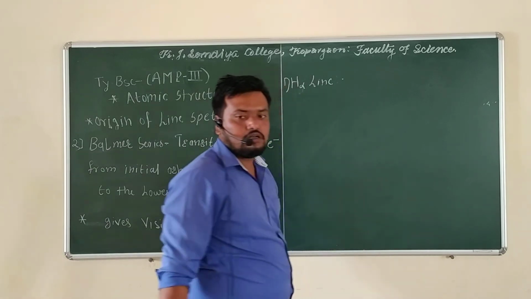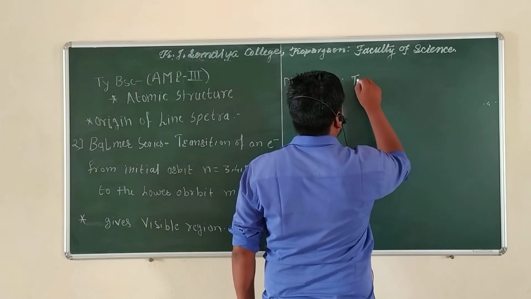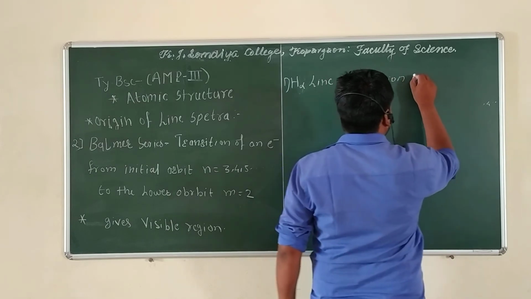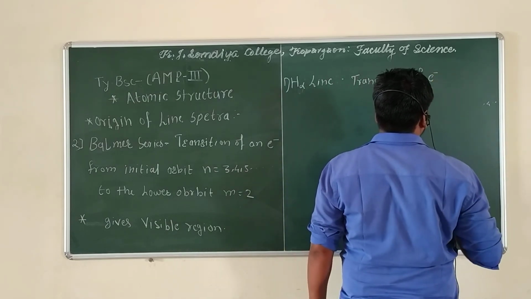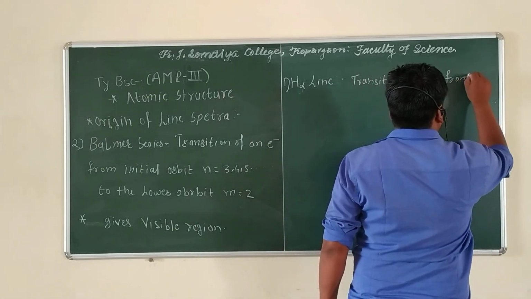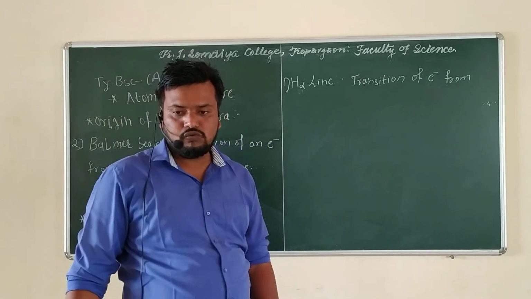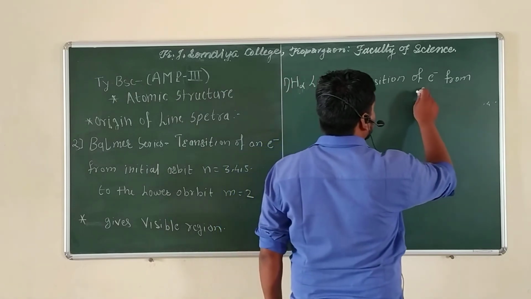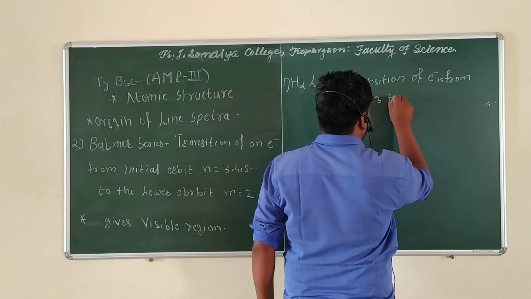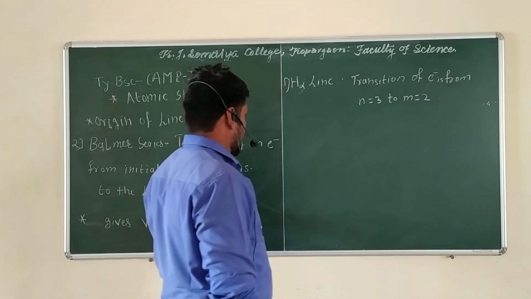The H alpha line is the transition of an electron from n equal to 3 to m equal to 2, because the fixed value is m equal to 2.